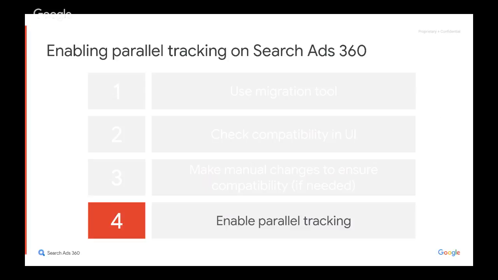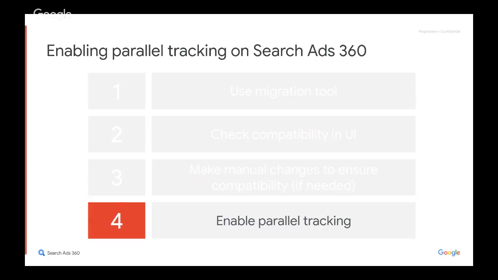So the first step, using the migration tool, is covered. Then checking compatibility is also covered. Then we made all the manual changes that were still necessary. And then what I would do is one more compatibility check in the UI, because it's just a few clicks, literally no workload, before enabling parallel tracking.